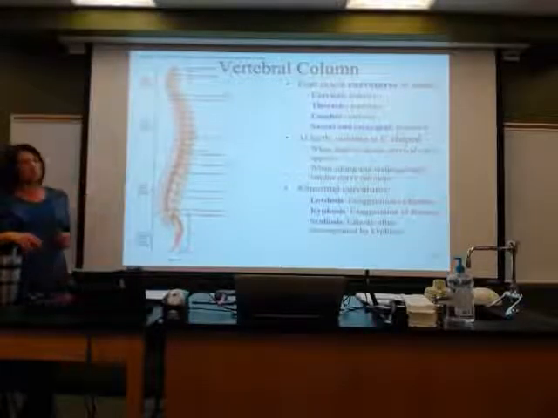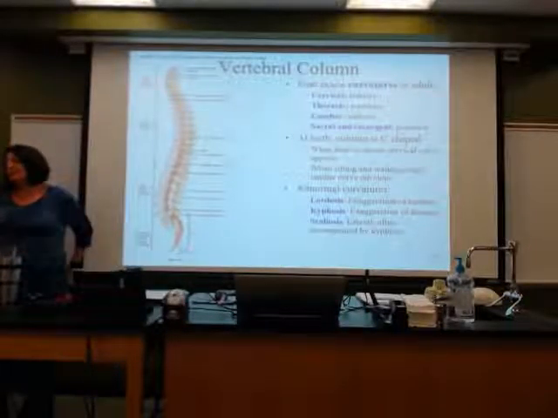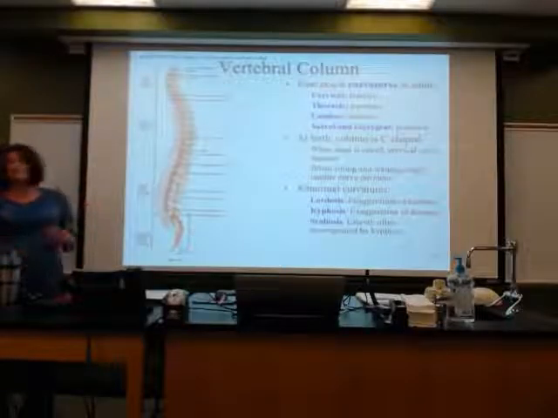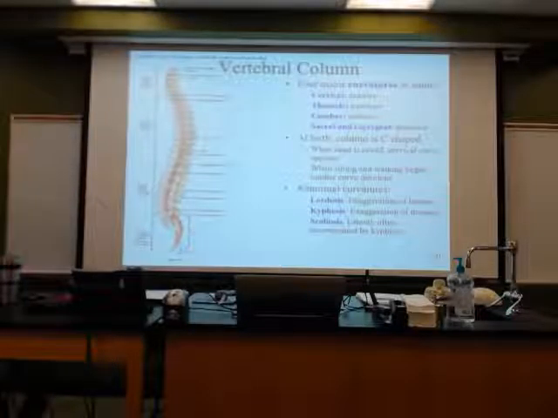When we look at the vertebral column, we say that it has curvatures. Now, this is what happens when an itty-bitty baby is born and comes out in the C shape, and it has to grow from that point to the adult.